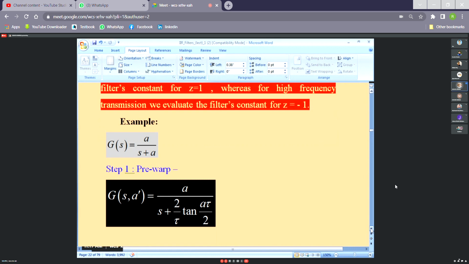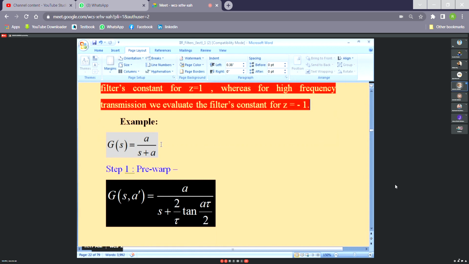So here that term S plus A, the first order term, it determines the critical frequency. So S plus A is to be converted into S plus A prime, where A prime is 2 by tau tan A tau by 2. So that's what I have done here.